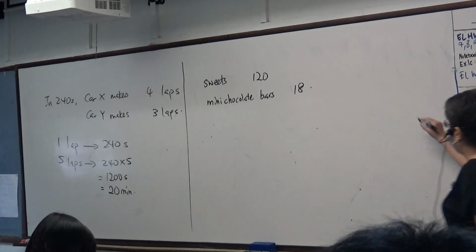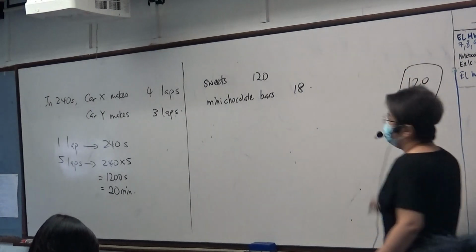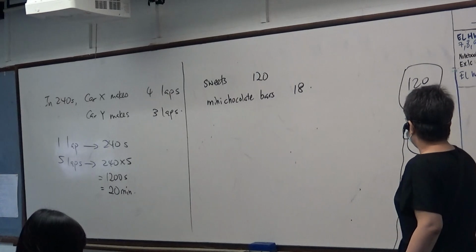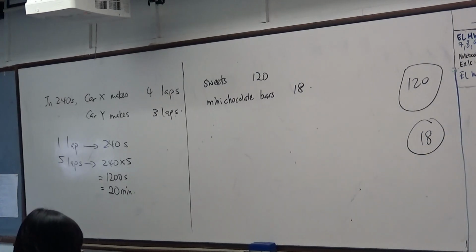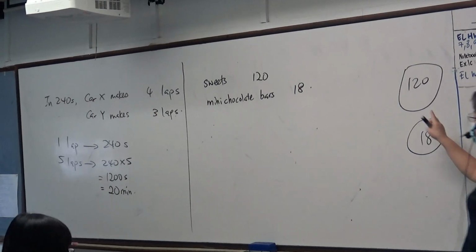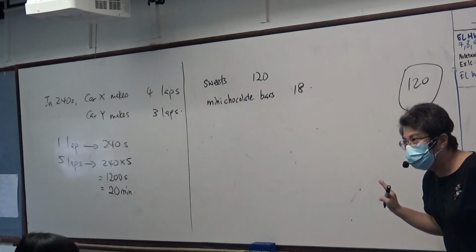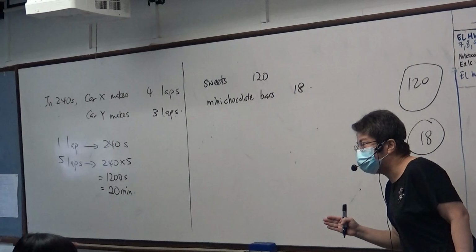That means if I buy one packet of sweets, there's 120 inside. Then what about the number of mini chocolate bars? I buy one packet, I have 80, right? What did the question say? Cindy bought the same number of sweets as mini chocolate bars. That means the number of sweets must be the same as the number of chocolate bars. So it must be finding the LCM, right?